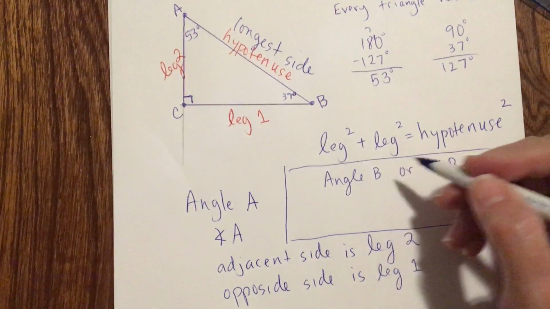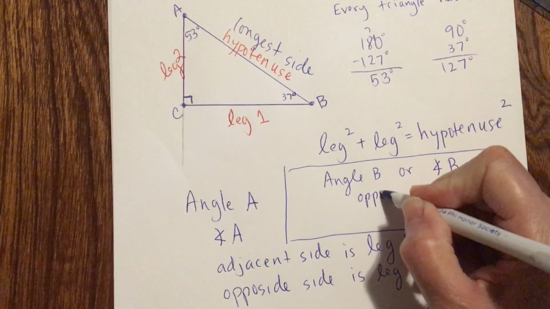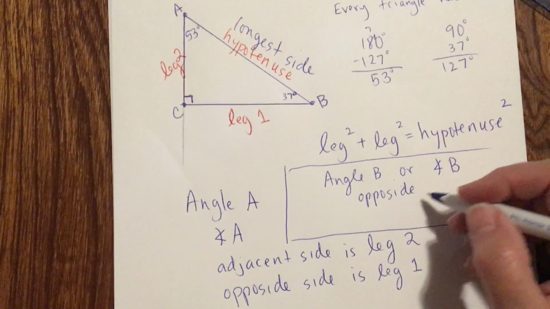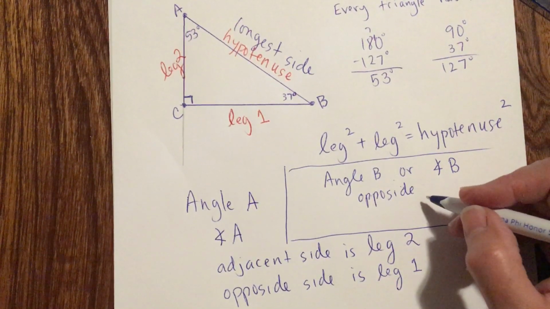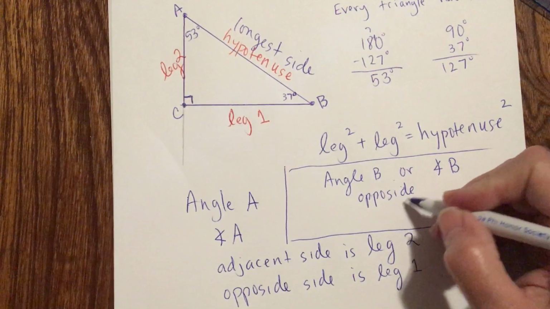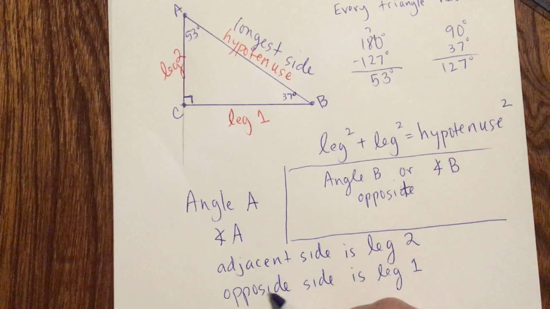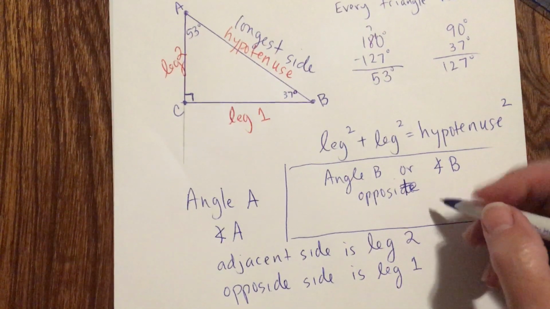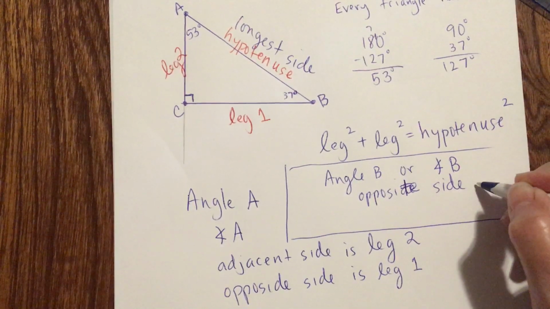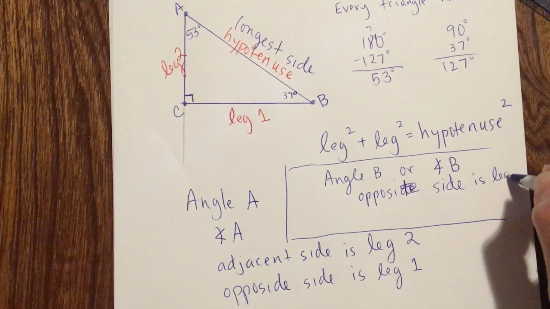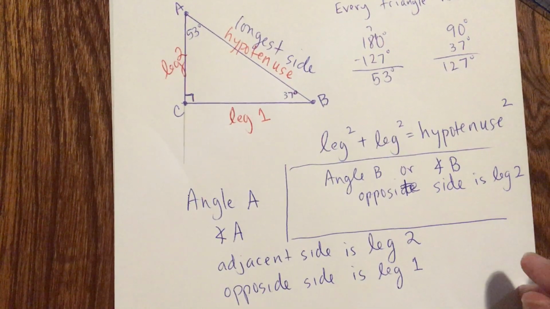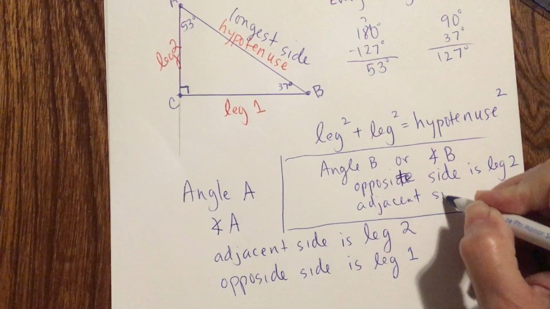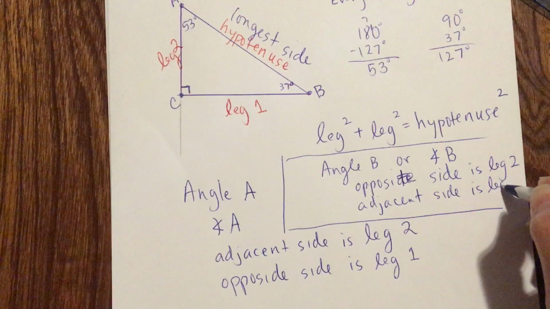So on angle B, the opposite side. I totally misspelled opposite, didn't I? I'm trying to combine side and opposite. The opposite side to B is leg number 2. And then the adjacent side to B is leg number 1.